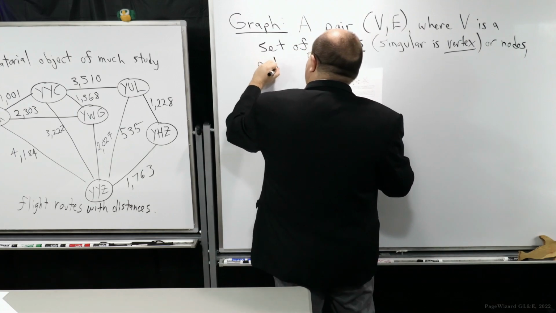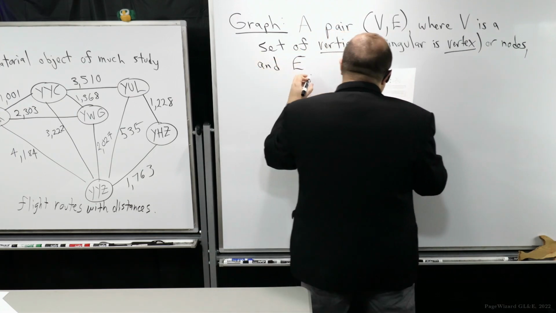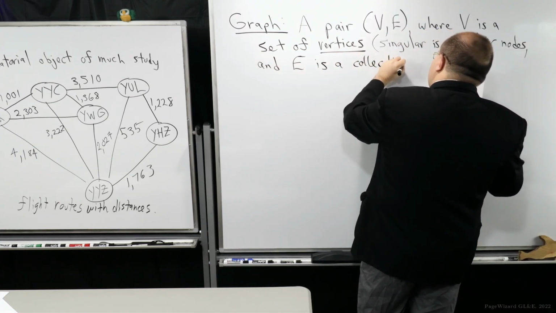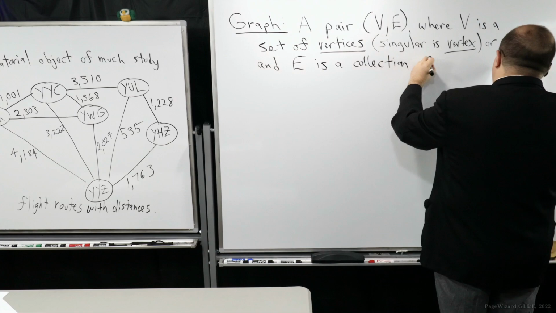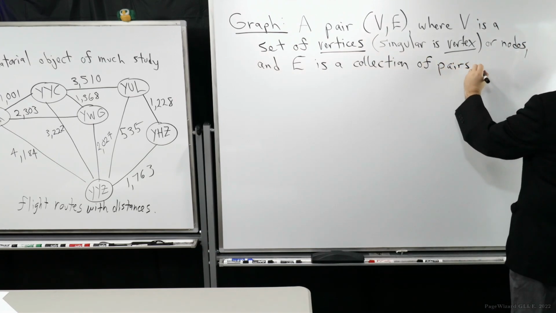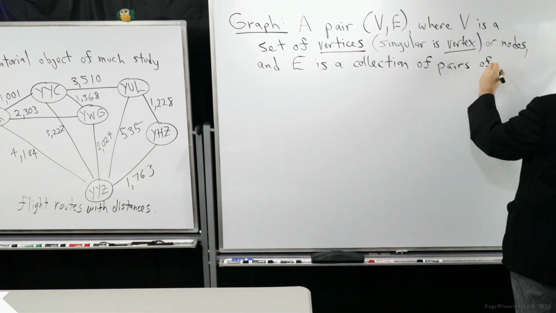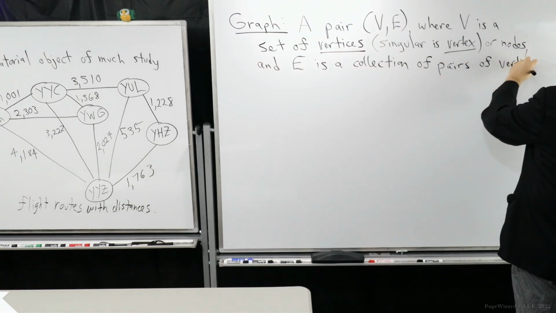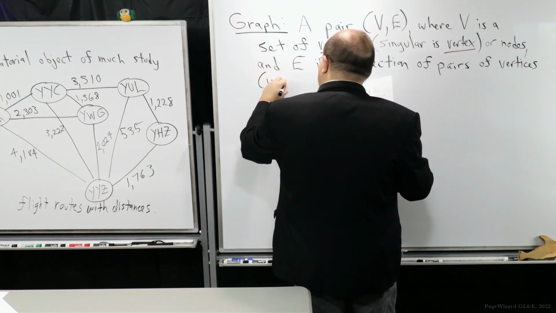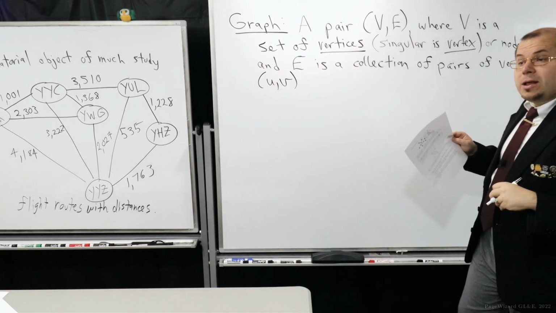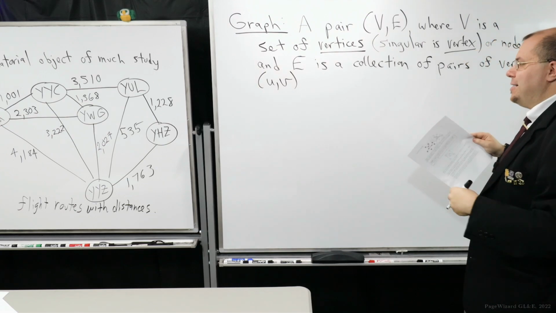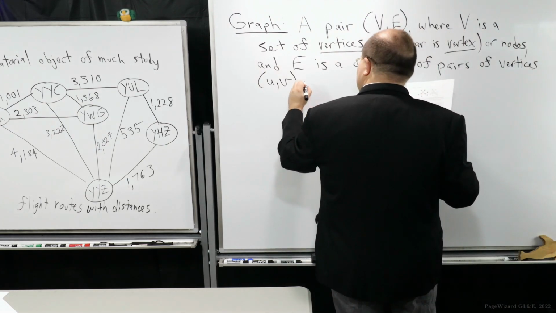And capital E, which I'll just call E, is a collection of pairs of vertices, which more broadly I'll just write like this, with rounded parentheses, (u, v). But I must stress that you can impose extra meaning onto what an edge is, which I'm going to talk more about in a moment.